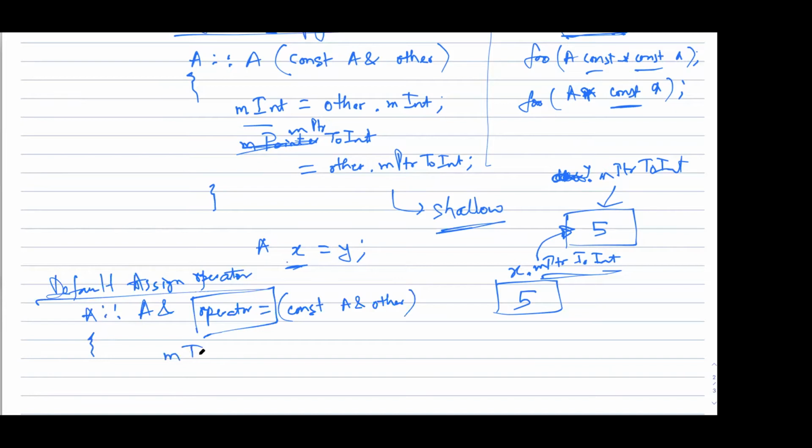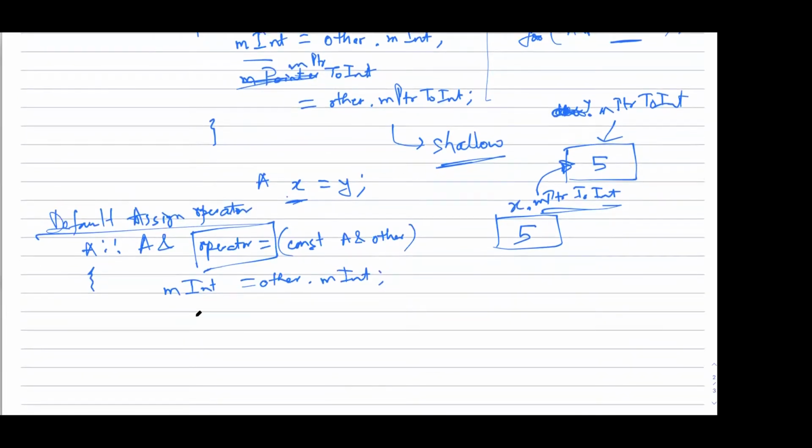This is going to simply copy m_int equal to other dot m_int, then m_ptr_to_int equal to other dot m_ptr_to_int, and then it will also invoke mb. Remember, mb was the class. It will invoke the copy constructor corresponding to that.